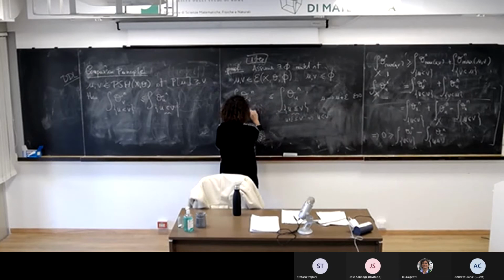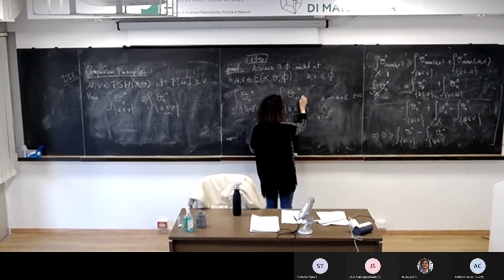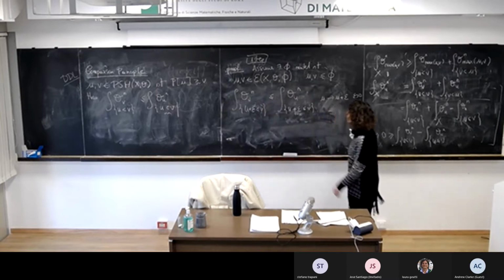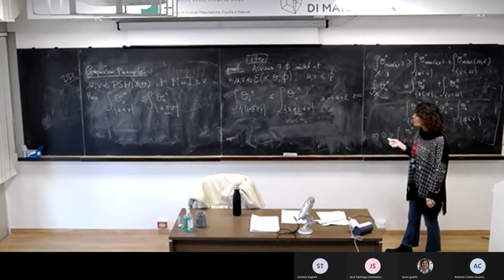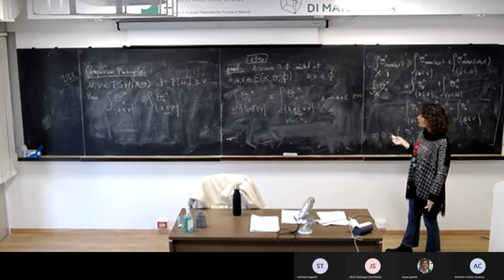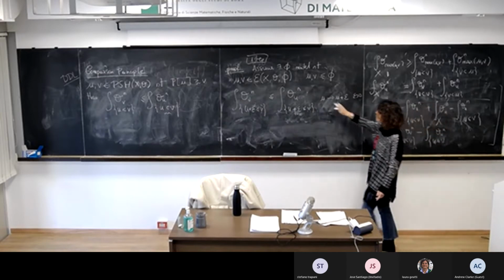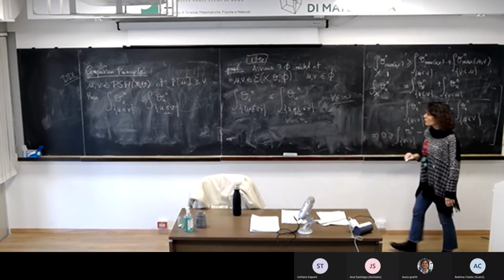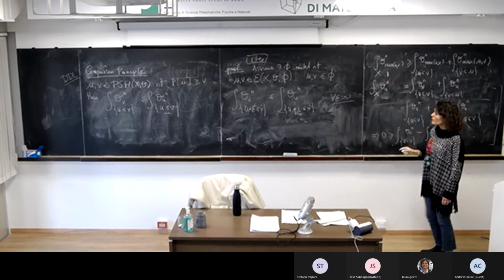U plus epsilon, but this is equal to this, and this is this. And this is true on both sides, no? No, you get strictly less, but this is true for any epsilon. But when you take the limit, it seems to me that you get U smaller or equal to B on both sides.